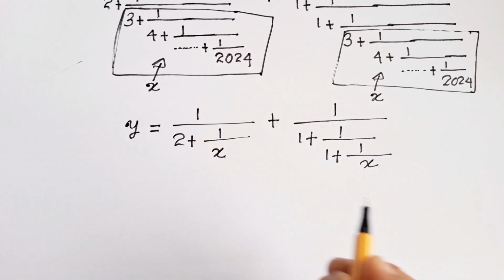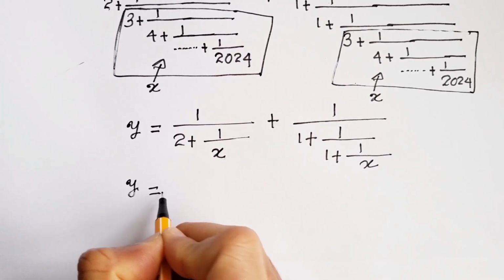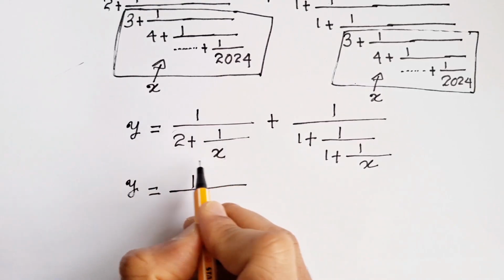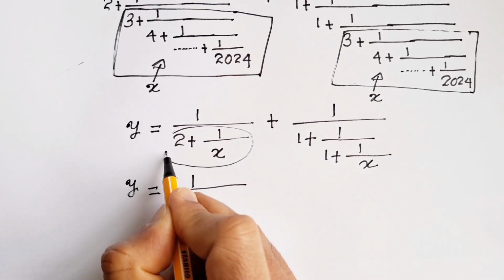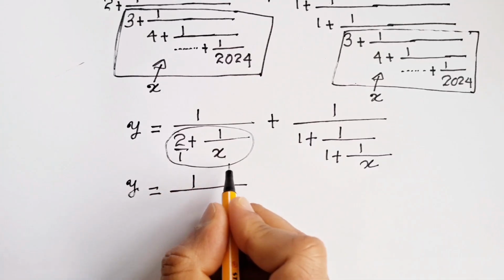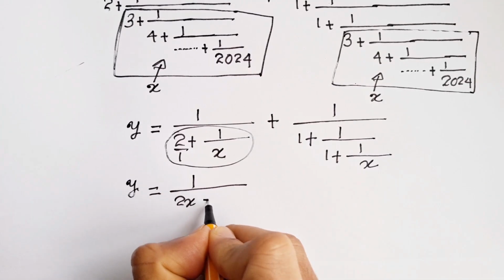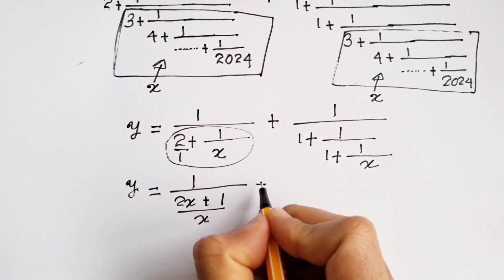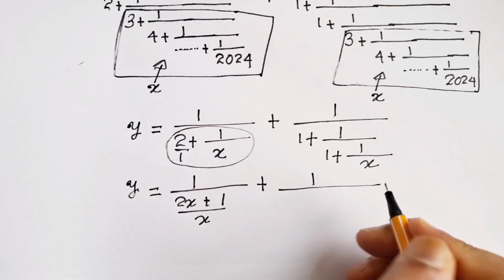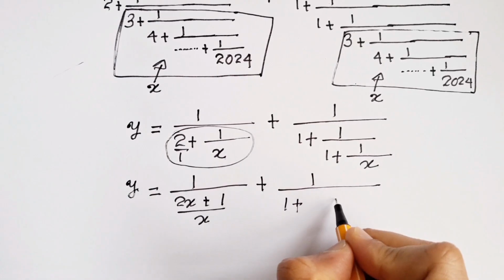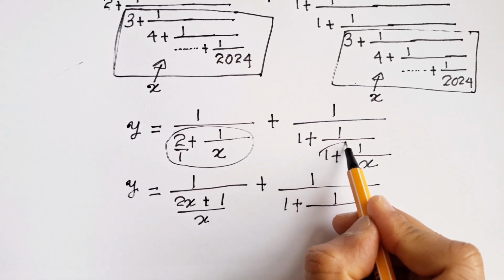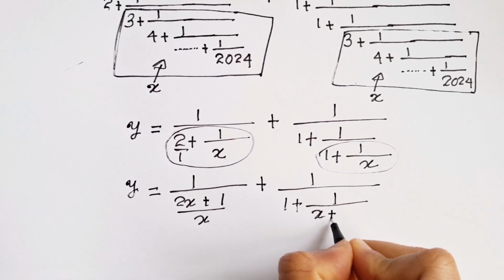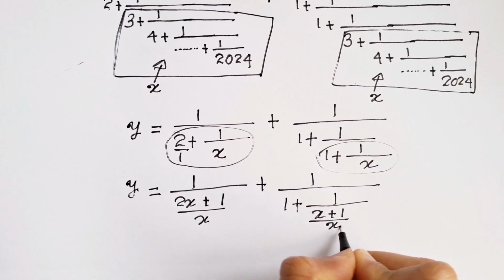Now I am going to solve this equation. y equals 1 over, if I simplify this part, it will become 2x plus 1 over x plus 1 over 1 plus 1 over, then I'm going to simplify this part, x plus 1 over x.